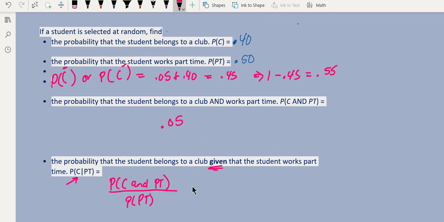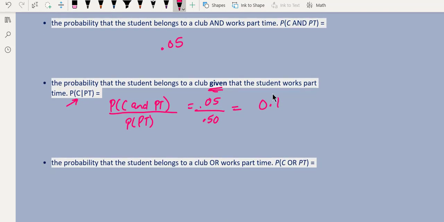So this will be 0.05 divided by the probability of part-time. The probability of part-time will be 0.50 or 0.5. And when we divide that together, we should end up with 0.1. That is how we find that given situation when we're not given a contingency table.